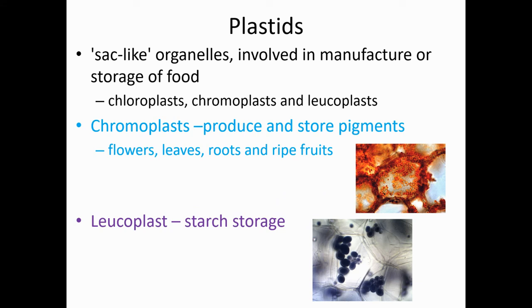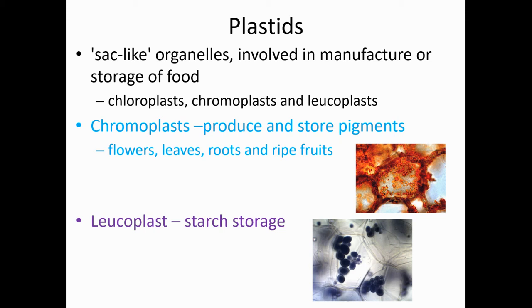Other organelles are plastids. Plastids are organelles that help manufacture or store food. Okay, so chloroplasts are technically a plastid. Some other ones are chromoplasts, which will be the other colors you see. So if you see a yellow flower, that's just a chromoplast in there making it yellow. Tomatoes, right? They're red, so they have these other chromoplasts.